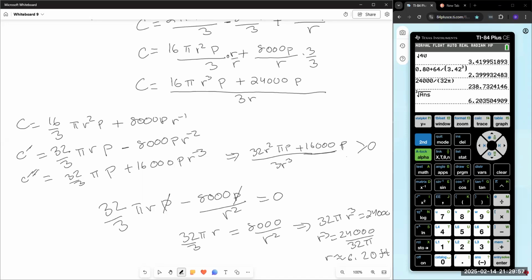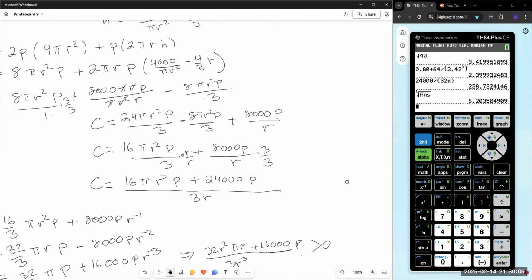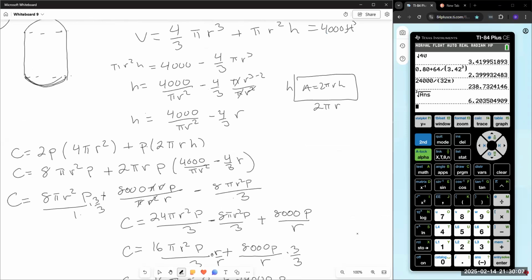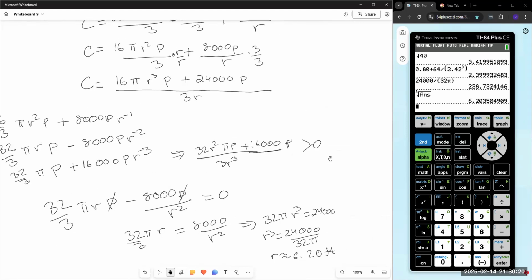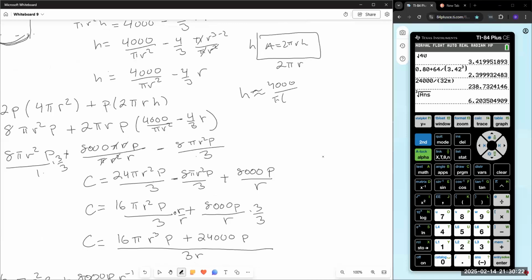If that's the case, then I can come back to my equation for H all the way up here and say H is approximately 4,000 over pi times, we said r was 6.20, squared minus 4/3 times 6.20. Let's let my calculator do that for me.